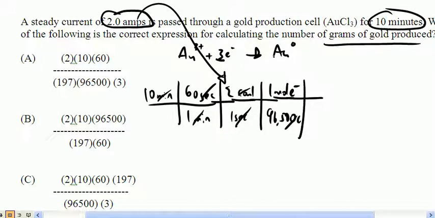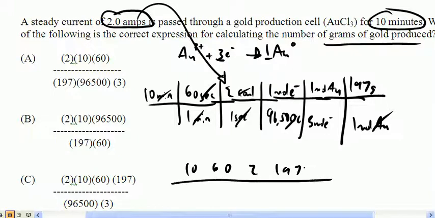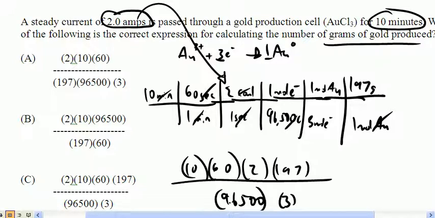And we know that there are 3 moles of electrons required every time you reduce 1 mole of Au, and every 1 mole of Au is 197 grams. So we need 10, 60, 2, and 197 on the top, and we need 96,500 on the bottom, and that's going to give us answer C.